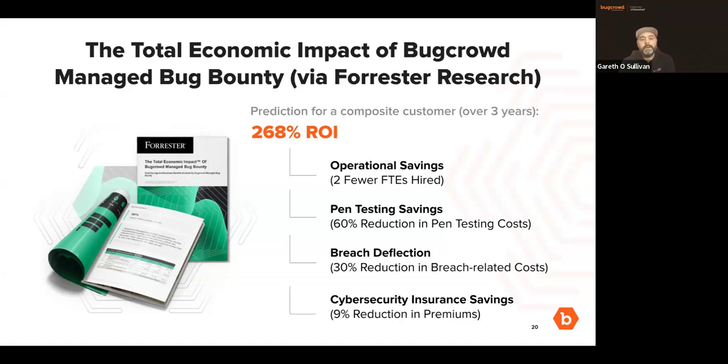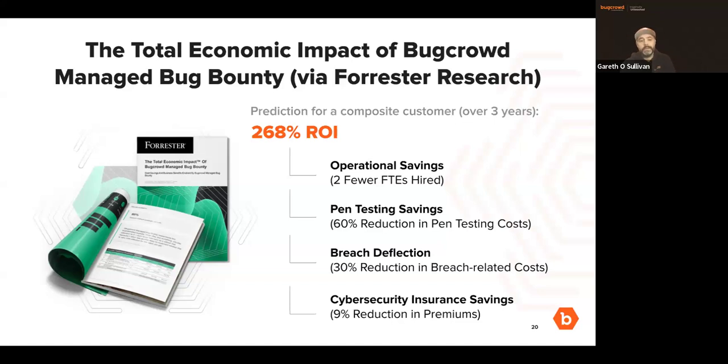Certainly from their review, coming back to what ROI looks like and what it means to an organization, these are some of the metrics that we were able to capture during that engagement. So we built a framework to measure ROI, or at least Forrester did, for a composite customer over a 3-year period. And some of the takeaways from that research paper are quite interesting.